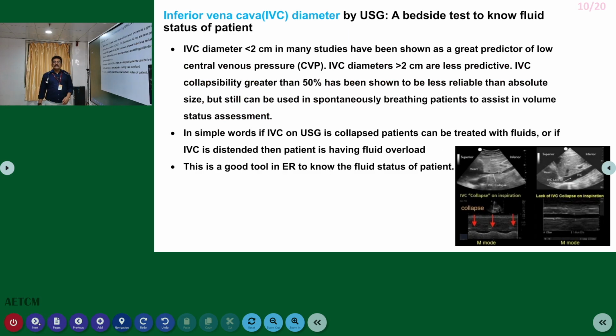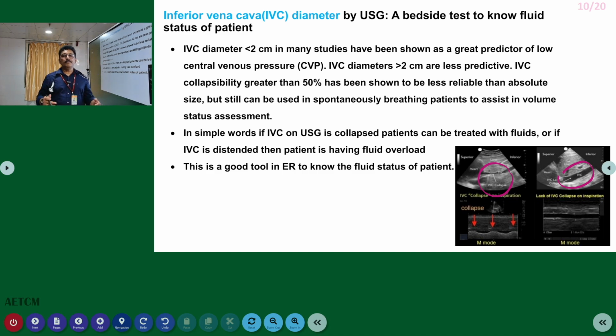Now, one of the important tools in the emergency room where we can assess the patient's fluid status is ultrasound of the abdomen and ultrasound of the IVC. The IVC can be collapsed when there is less fluid in the body. An increased size of the IVC is seen in volume overload. So IVC measurement or IVC collapsibility is an important finding in the emergency room in volume loss, including conditions like sepsis.